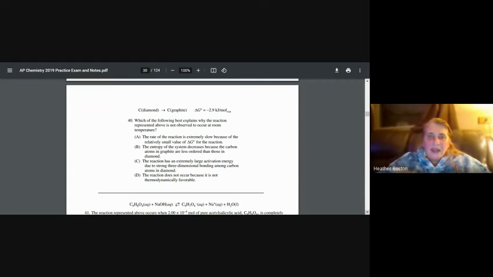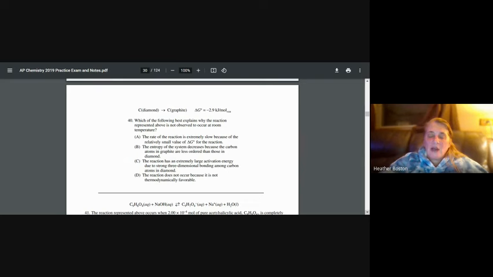So let's look at this. A, the rate of reaction is extremely low because of the small value of delta G. That's not true. This is not related to speed. There's nothing about speed in this reaction. And that's the thing about spontaneity. You can tell whether a reaction is going to happen spontaneously or not, but you cannot tell how long it will take to happen.